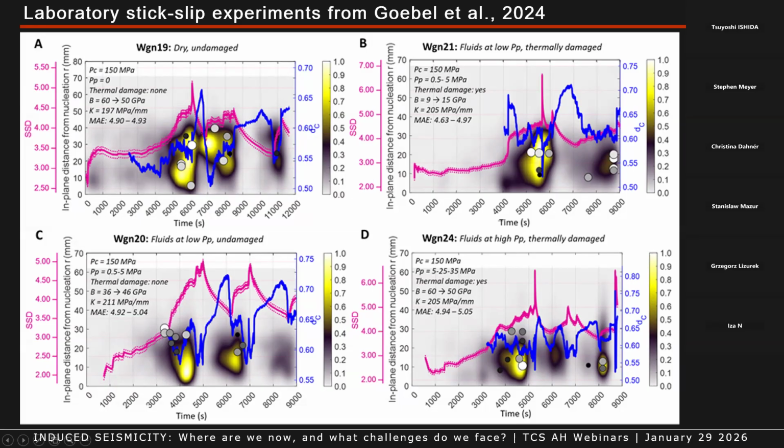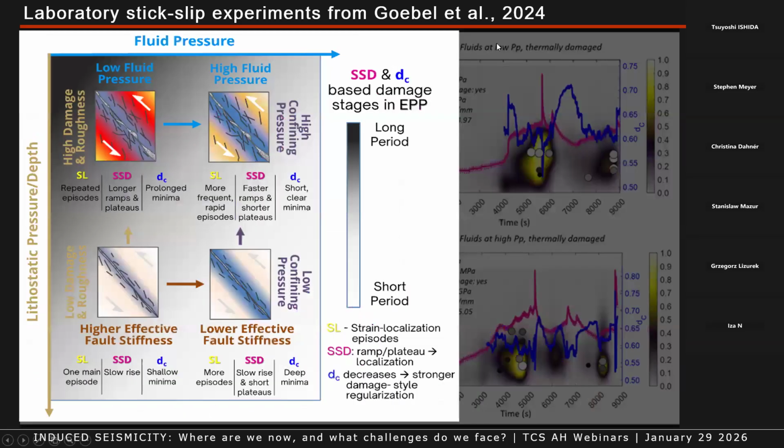This was more than 4 samples. I checked, I think, more than 12 different samples, and I tried to summarize in the same way as Thomas summarized. Again, we can observe that when we have low fluid pressure, high damage and roughness, we can observe prolonged minima of DC.